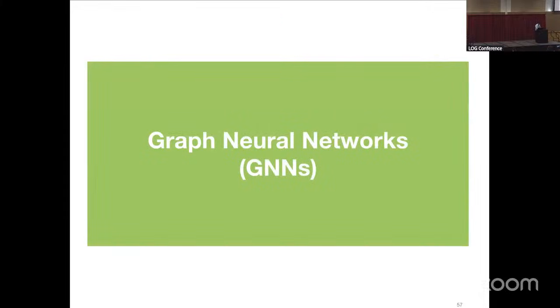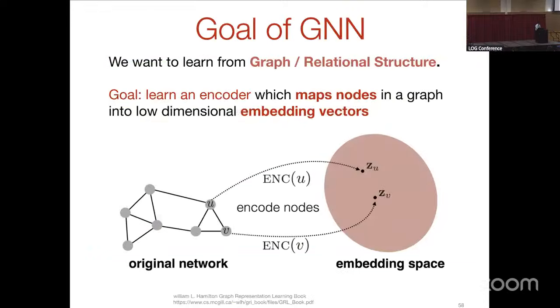So in the GNN section to start, the goal of a graph neural network is to learn from the graph structure, and the graph neural network is using the graph in a very explicit way as well, right? So the objective is to learn an encoder that maps the node in a graph into low-dimensional embedding vectors.